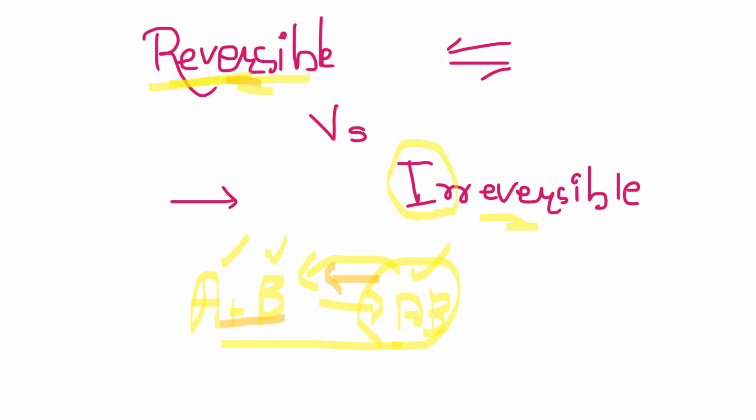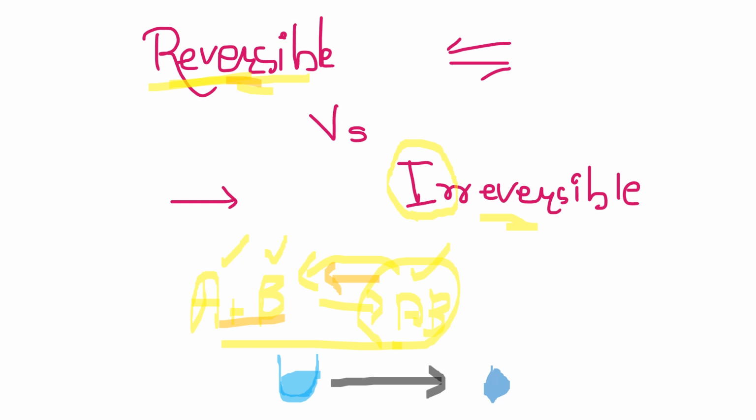The best example for that is water. Just suppose that we do have a glass of water. Now we're gonna transfer this water into a cube, a cube of ice.